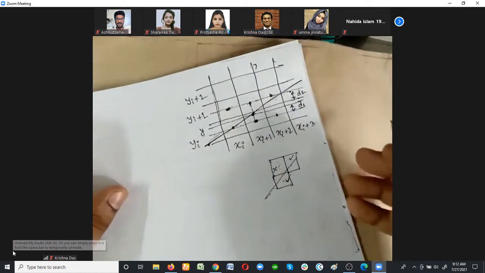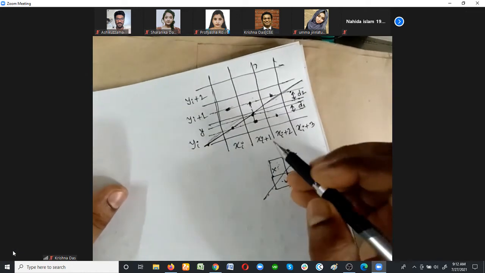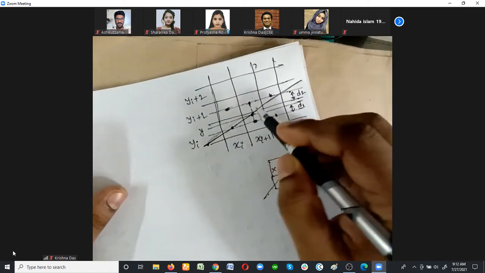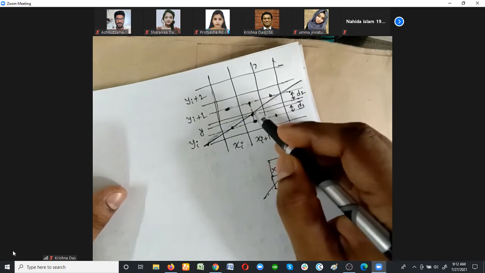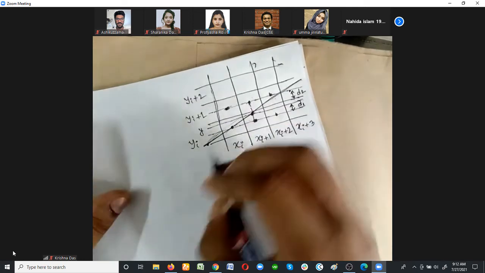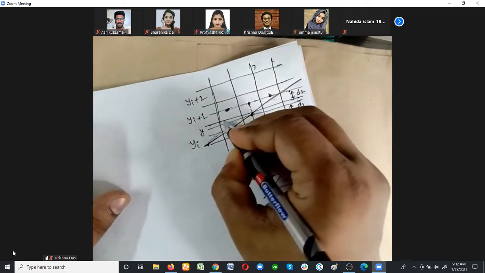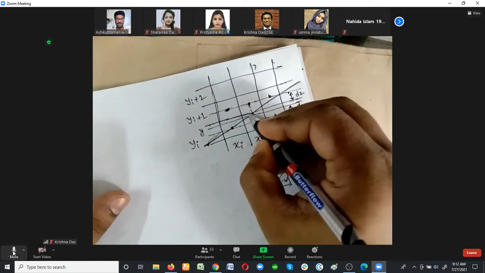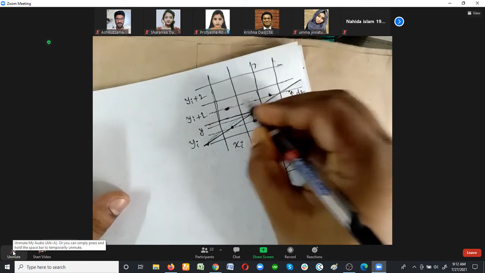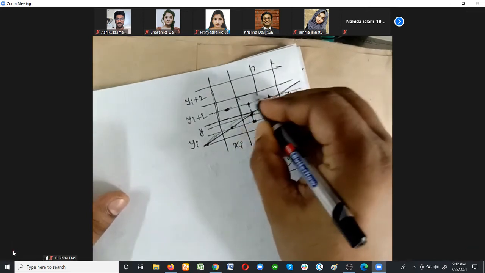I don't have any different color at this moment, but at least you can understand that from that point, the line and the distance from those pixels that we have, this is my pixel. I just made it a little bit darker.